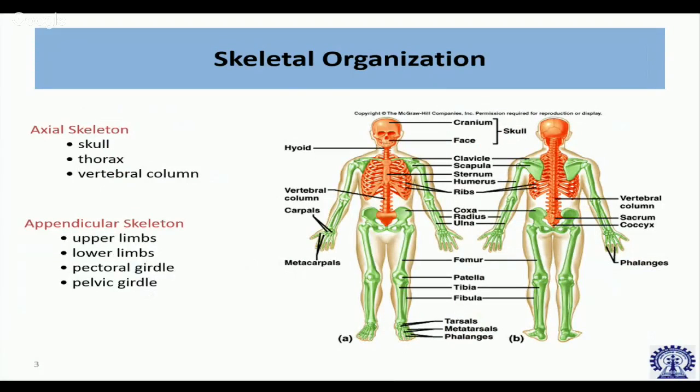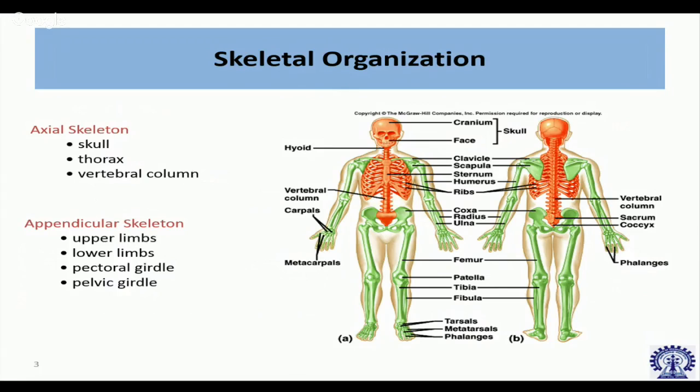Let us talk about the skeletal organization as a whole. We have the axial skeleton, which consists of the skull. You can see here the skull on the top with the red, orangish color. Then the thorax and the vertebral column. And the appendicular skeleton is mostly the limbs that give us movements.